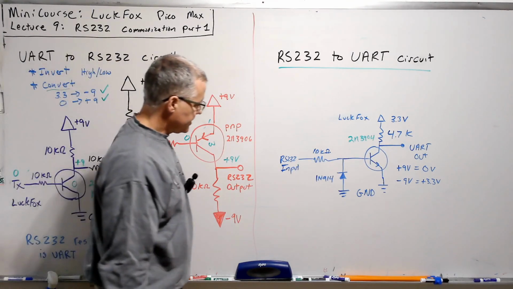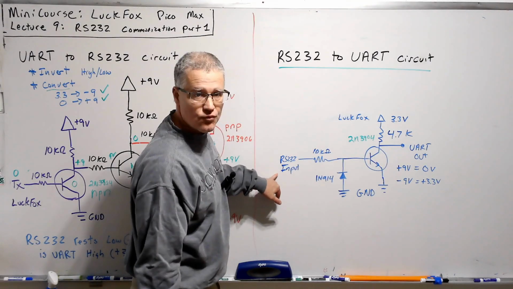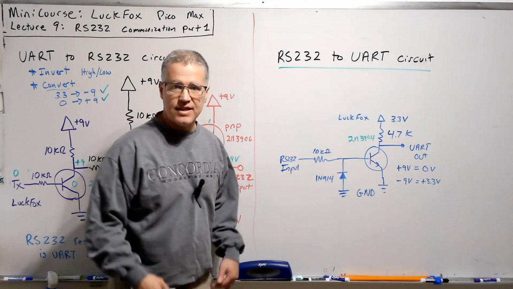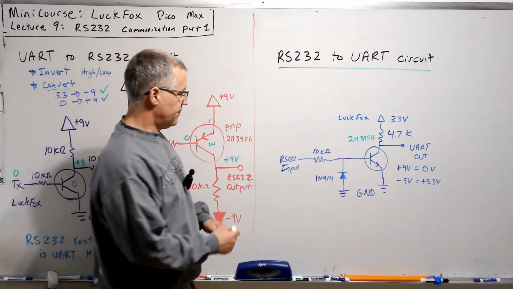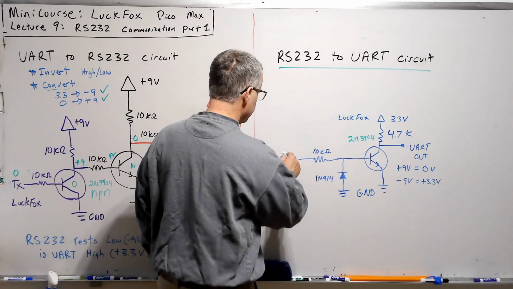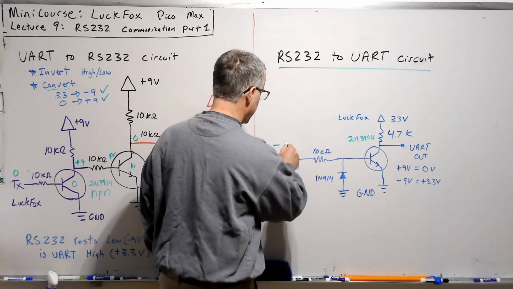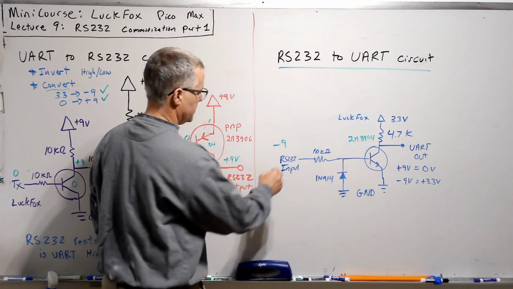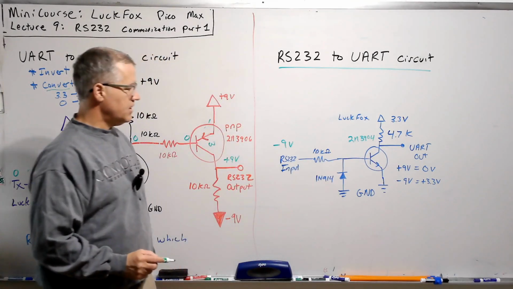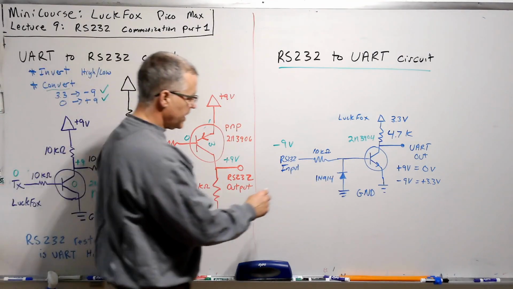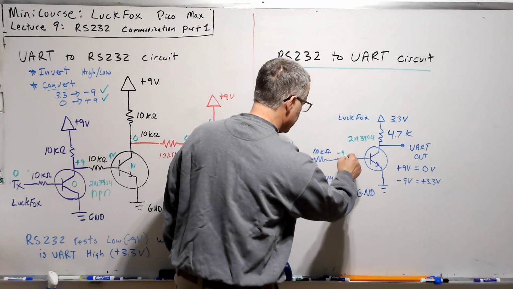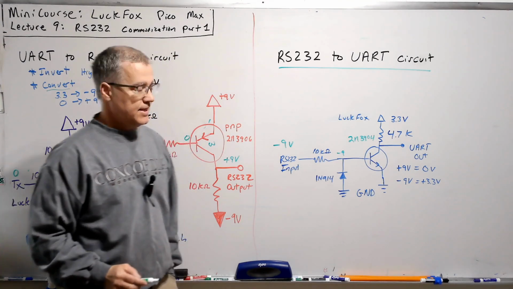So let's just run through the logic again here, and I think that will help you see the flow of the circuit. So if we come in with a minus 9 volts here, then that means we're presenting a minus 9 volt across this diode.